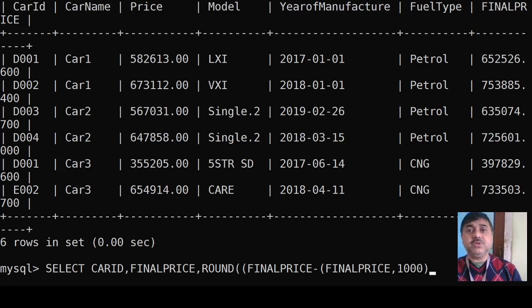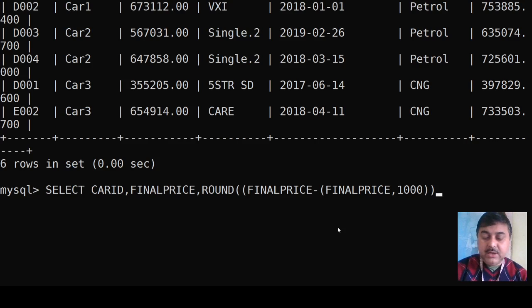After that, another bracket is there outside, which we have to close as well. Then we will divide it by 10, not 100 and not 1000.